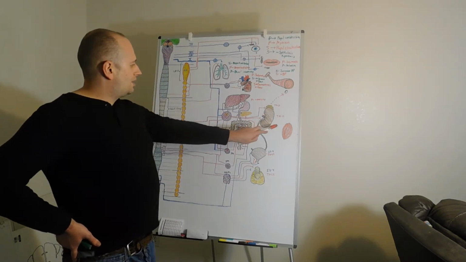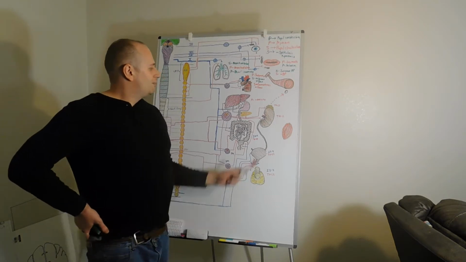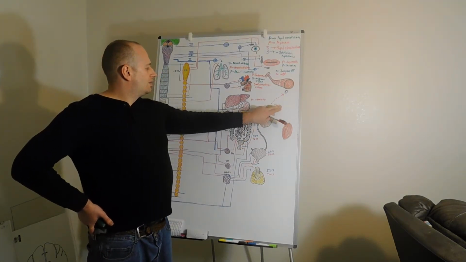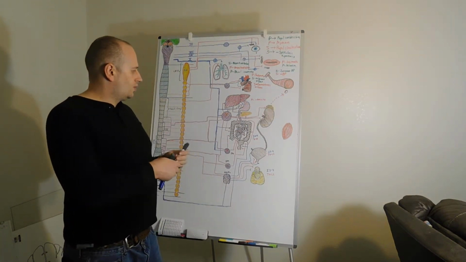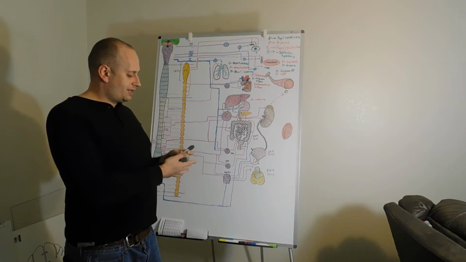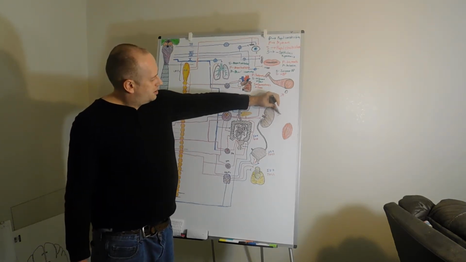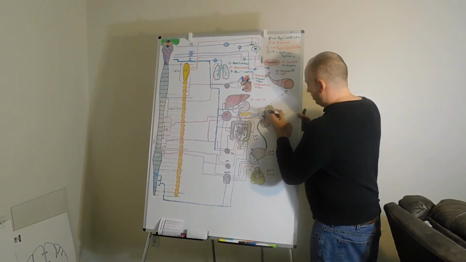So, kidney. I did talk a little bit about that, but your beta blockers affect this organ. So that would be anti-sympathetic. Decrease renin.